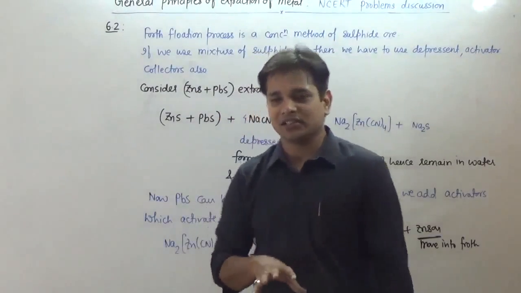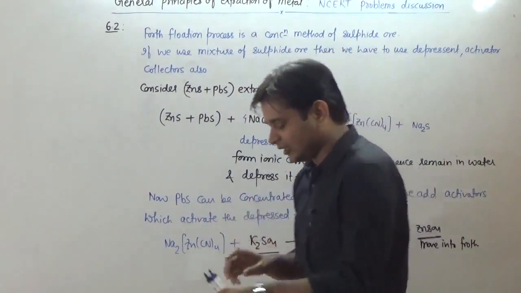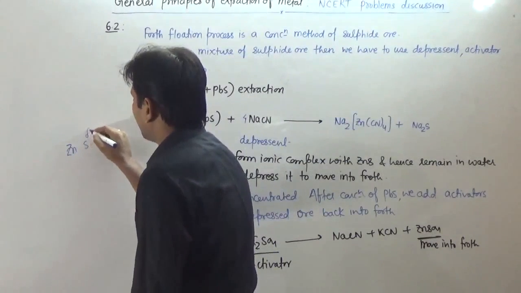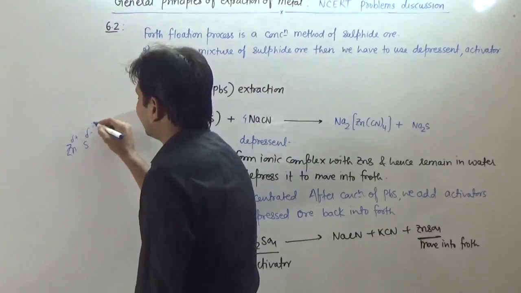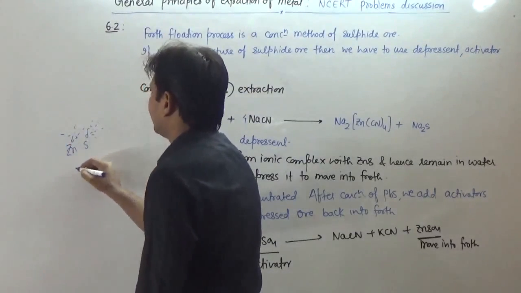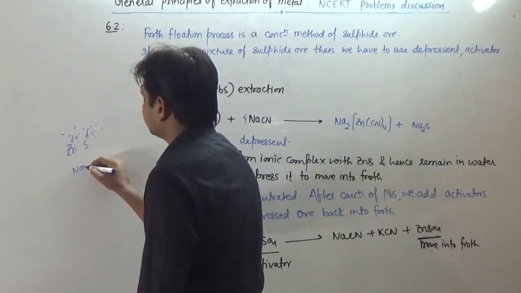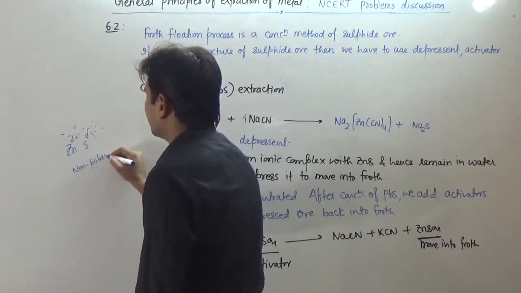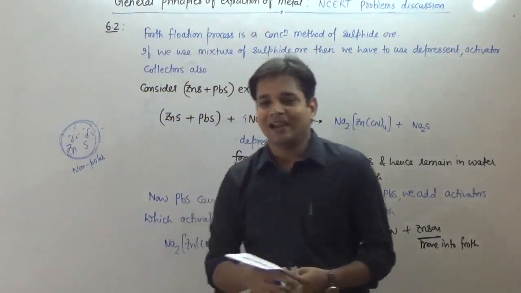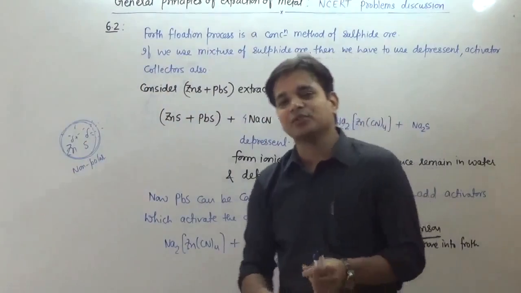We use collectors here. What do collectors do? If we have Zn and sulfide, delta plus and delta minus, the collector attaches itself to the delta plus and delta minus and makes it non-polar. After attaching with the collector, it becomes non-polar and hence it can easily move into the froth.